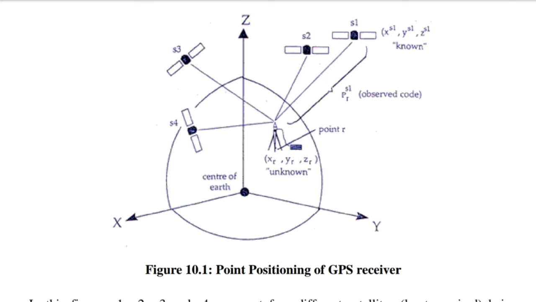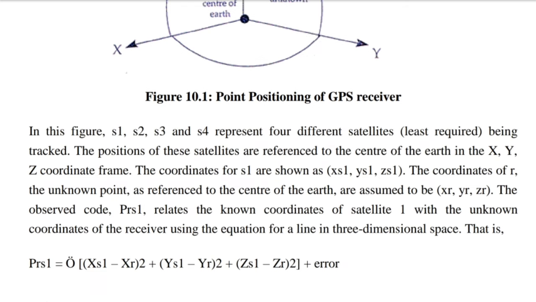Figure 10.1 shows you point positioning of a GPS receiver. In this figure, S1, S2, S3 and S4 represent 4 different satellites, the least required, being tracked. The positions of these satellites are referenced to the center of the Earth in the XYZ coordinate frame.